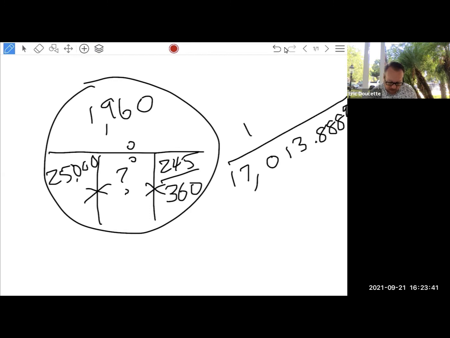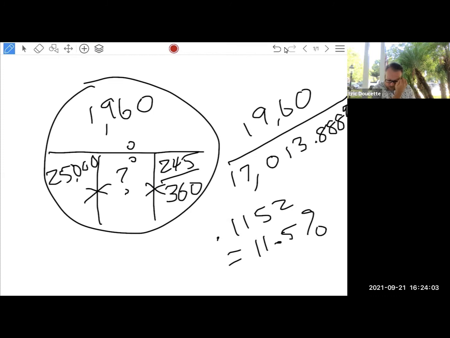So you're going to divide 1,960 by 17,013.8889 equals 0.1152. So that comes out to 11.5%. So that was the rate, 11.5%. Let me check my answer on page 334. I don't know if that's the same page in your book, but 334, question number 8, is 11.52%. So I was correct.